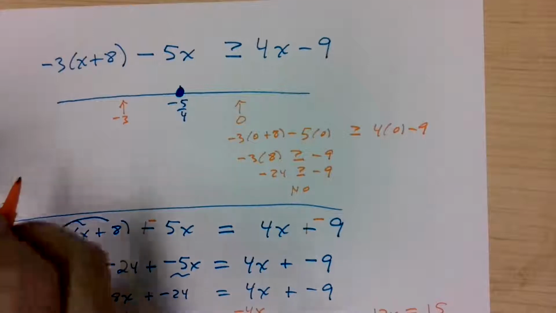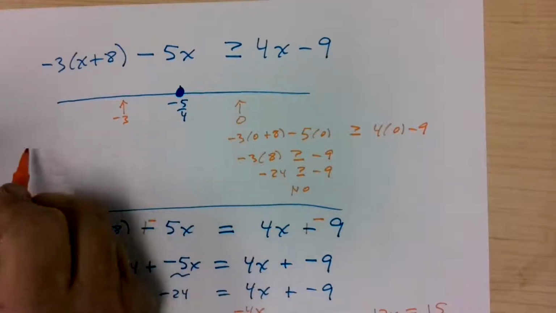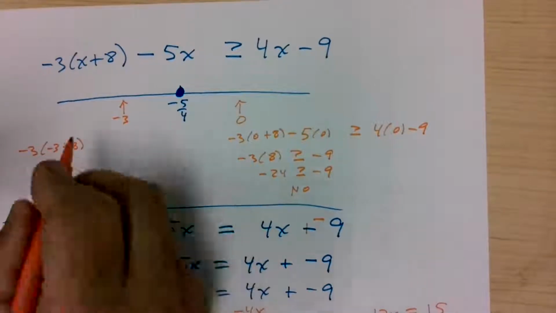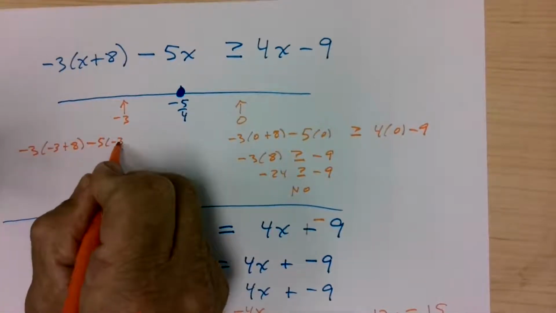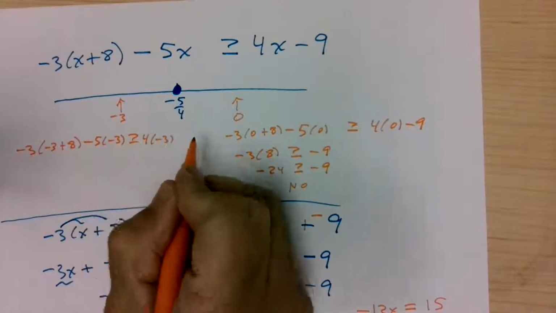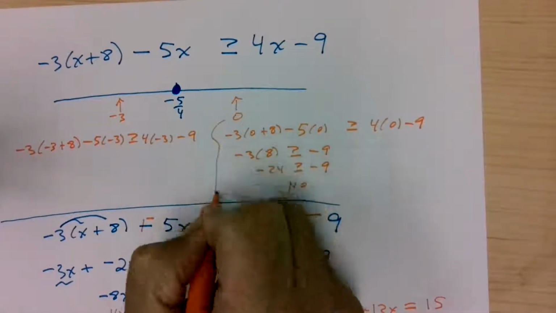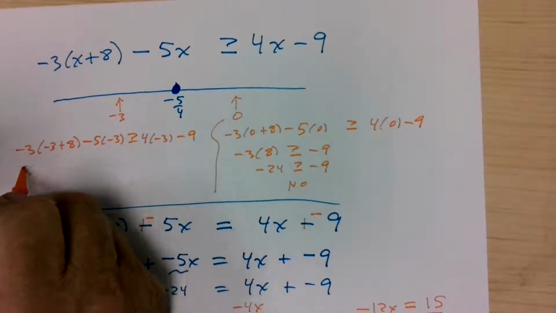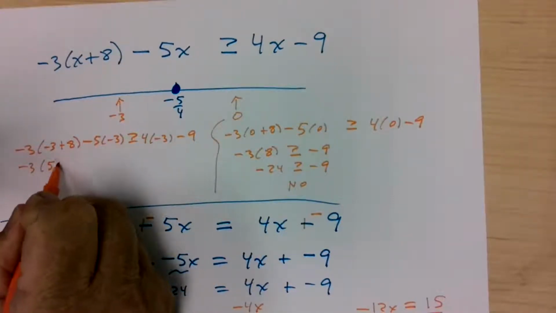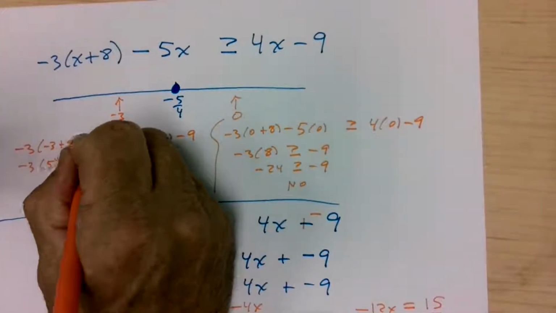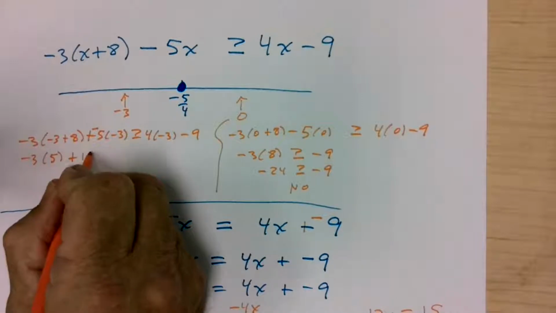What are we going to get there? Plug in negative 3. So I'm going to have negative 3 times negative 3 plus 8 minus 5 times negative 3. Is that greater than or equal to 4 times negative 3 minus 9? Negative 3 plus 8 is 5. So I have negative 3 times 5, that's negative 15, plus negative 5 times negative 3, so that'll be plus 15.